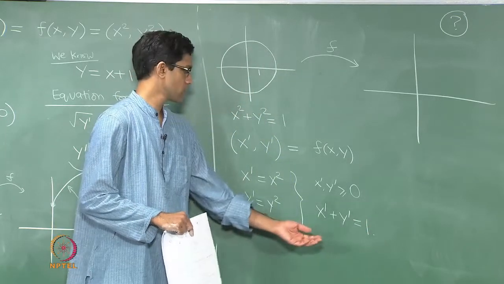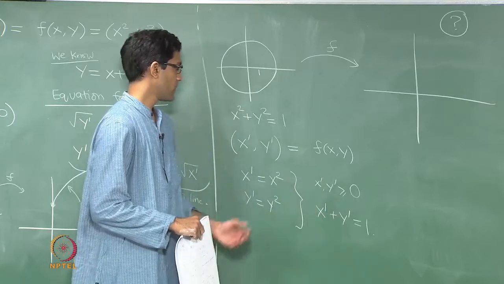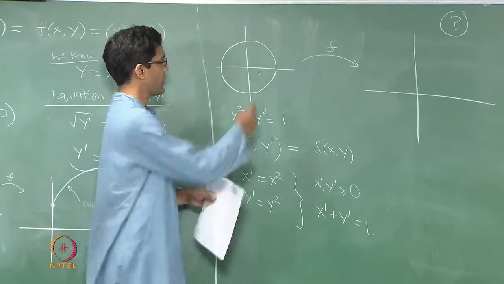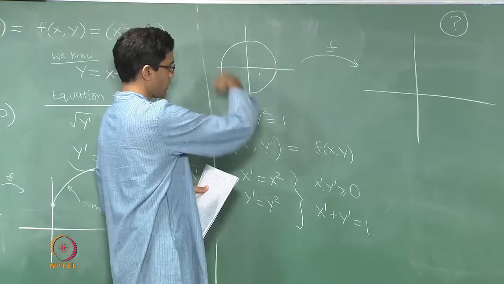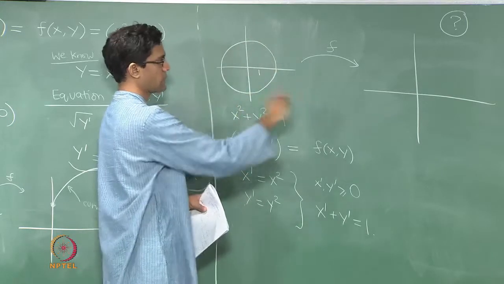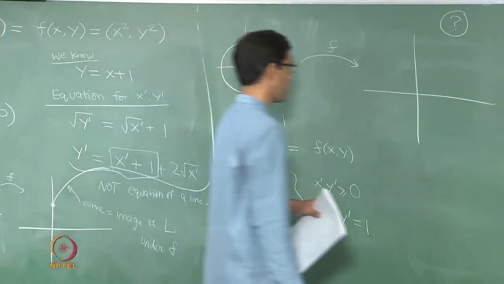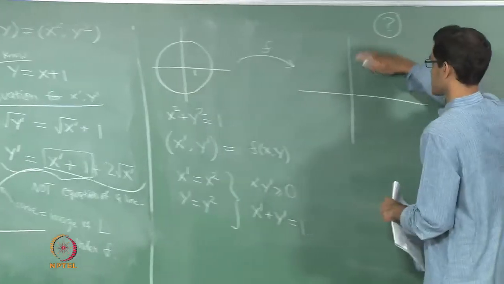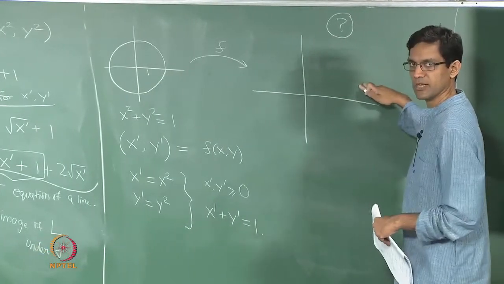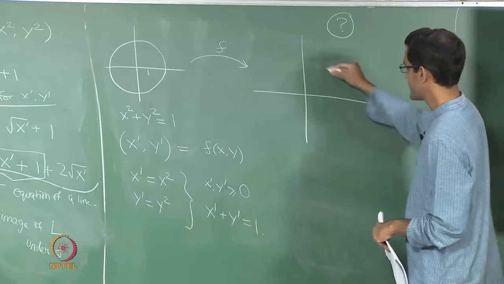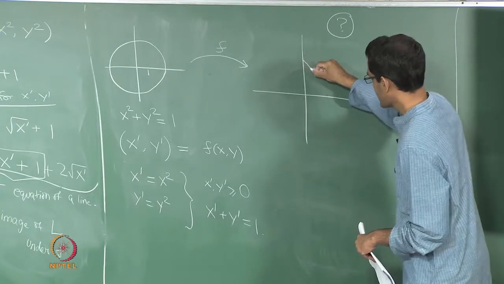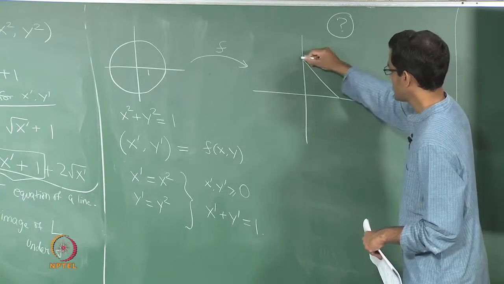Okay. So, here is the conclusion about the point x prime y prime. As x comma y runs around the circle, the point x prime y prime, its image, lies in the first quadrant because x and y are positive, but further it lies on a particular line, the line x plus y equals 1.